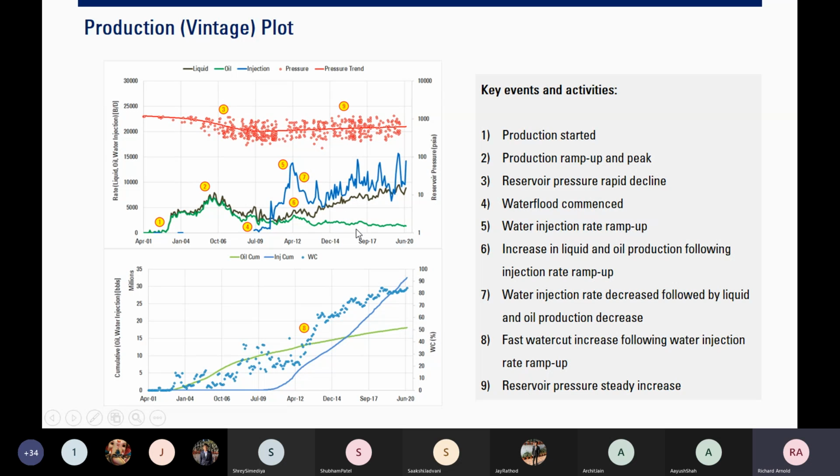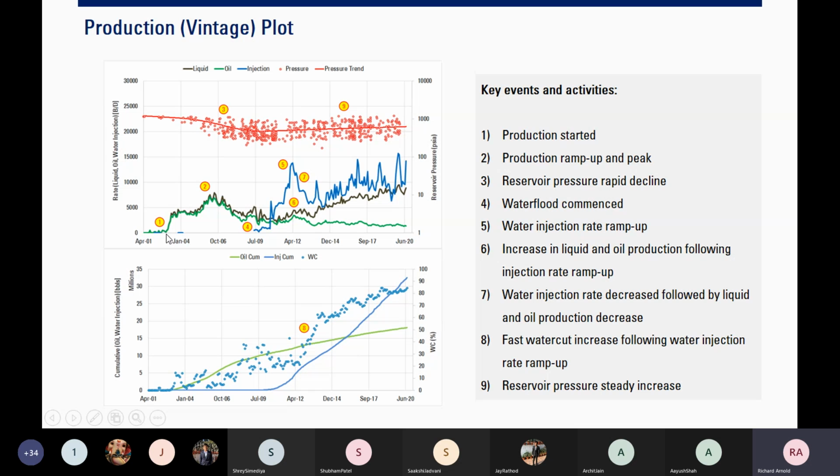Within this plot, we create an oil production plot, liquid production plot, reservoir pressure, injection rate, water cut, and many parameters we can plot within one plot. It will tell us a story regarding our field performance, also our water flood performance. So like this one, at number 1, it means production started.